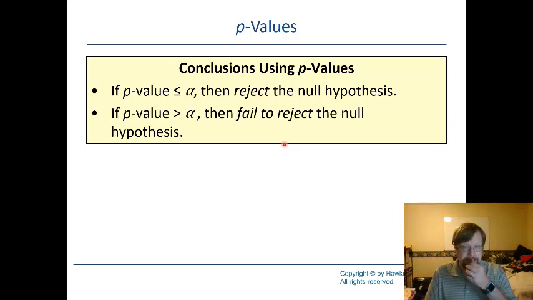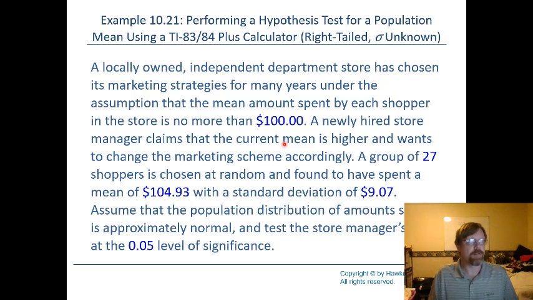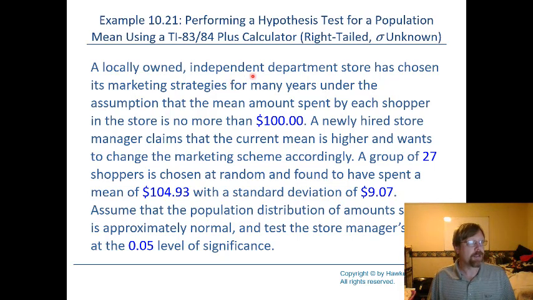Okay, so let's see an example. This is going to go through the calculator calculations. We have a local department store. It's done all its marketing, assuming that the mean amount spent by each shopper in the store is no more than $100. A new manager claims that the current mean is higher and wants to change the marketing scheme accordingly.